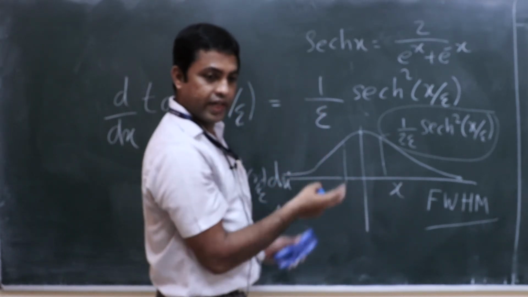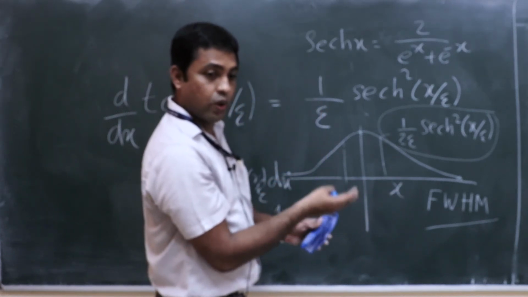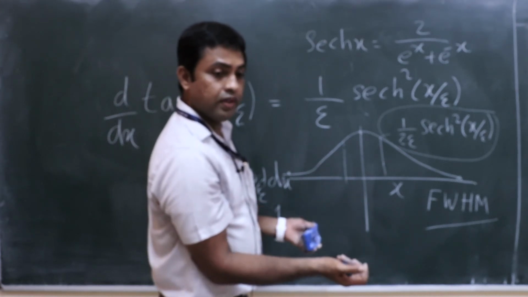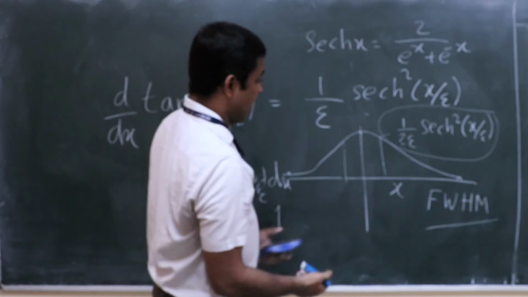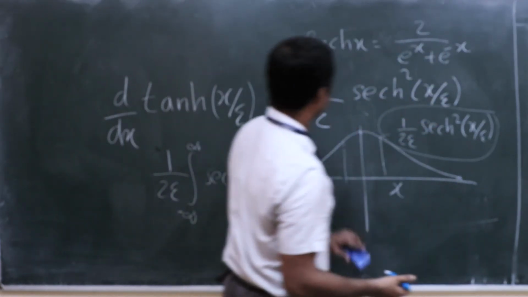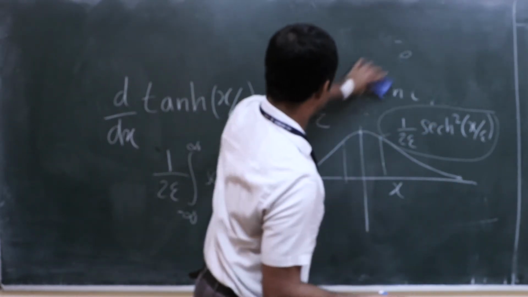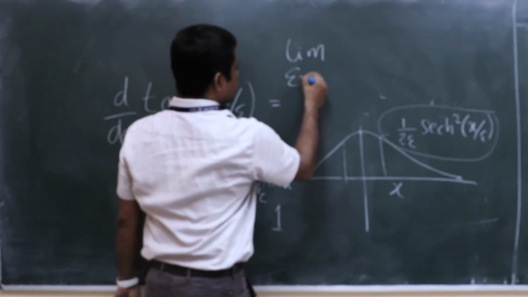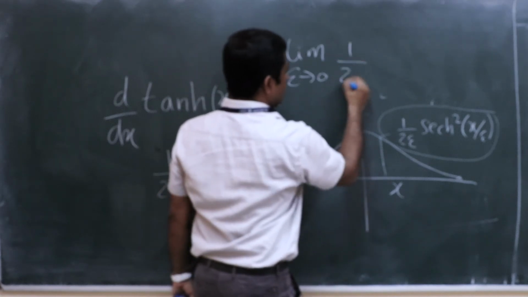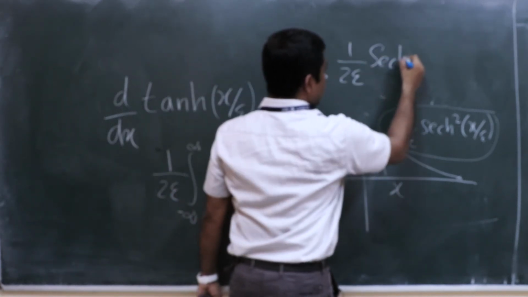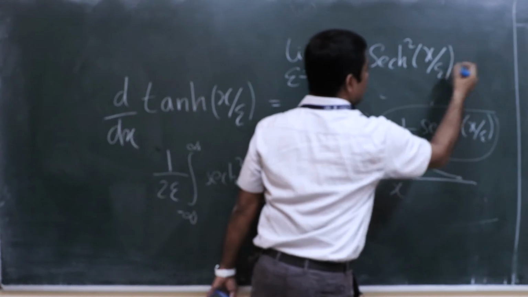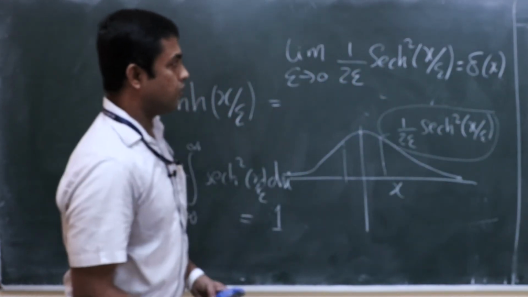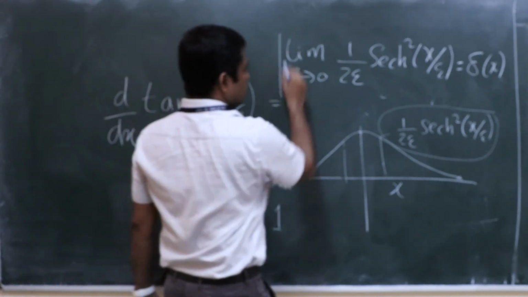The height goes to infinity at x equal to x0 for a delta function, and everywhere else the function value will be 0. So I can say that limit epsilon tends to 0 of 1 by 2 epsilon sec hyperbolic square x by epsilon equals delta x.